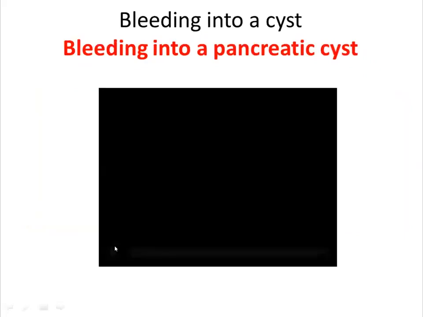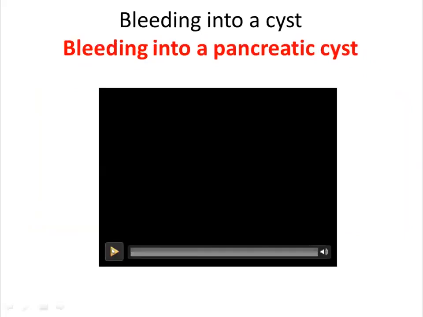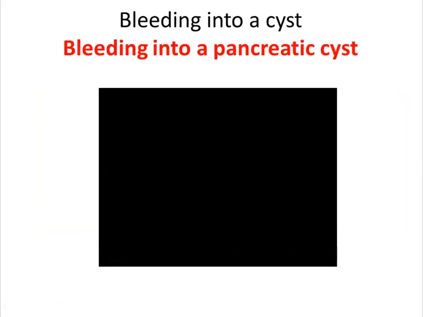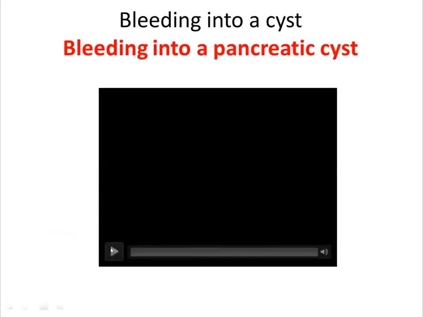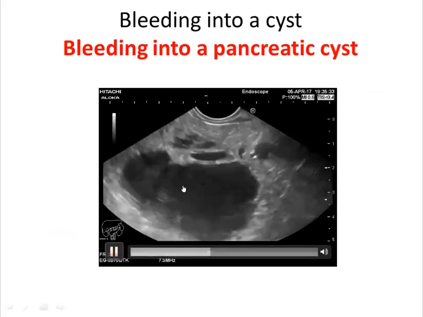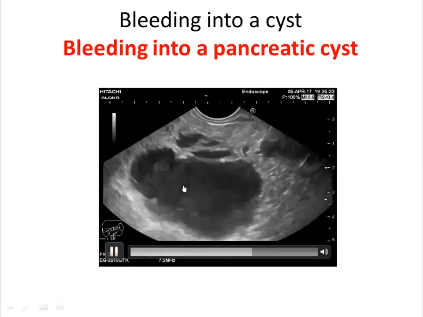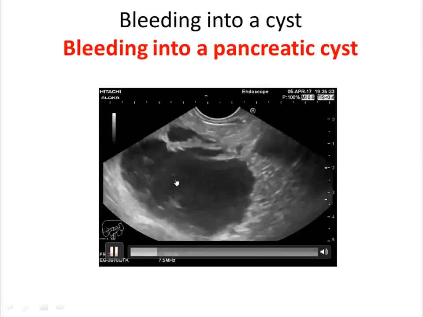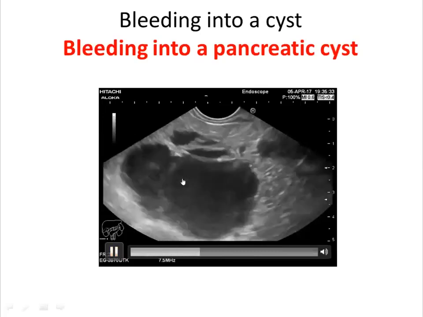This is a video from one of my colleagues. I had the permission to put it here, and this is FNA sampling of a pancreatic cyst, and here we notice that there is a significant bleeding, and this bleeding, of course, is an arterial bleeding because it comes in jets.